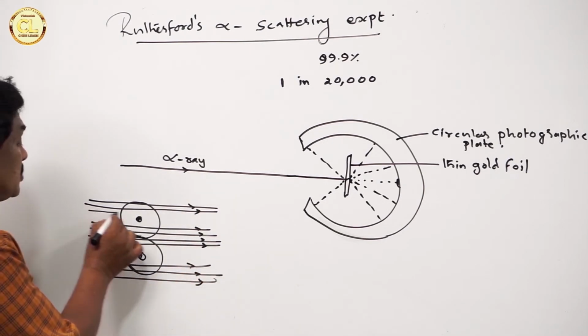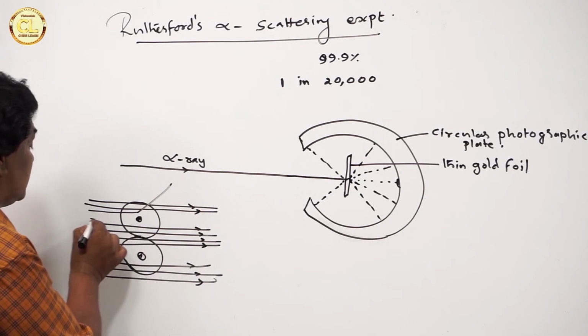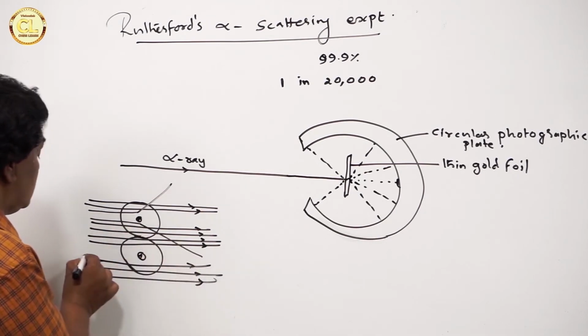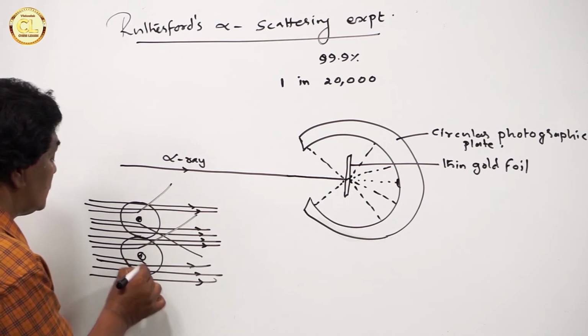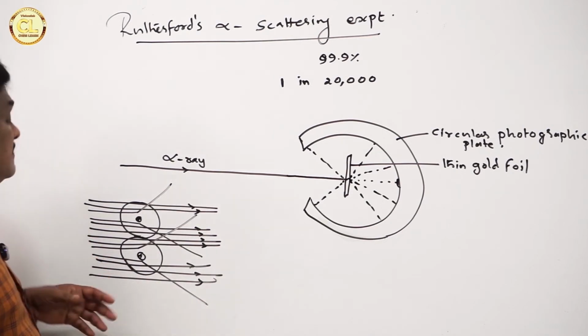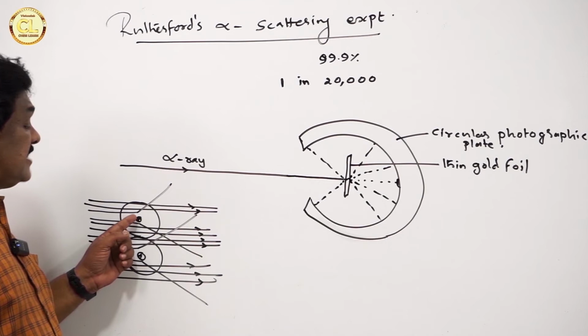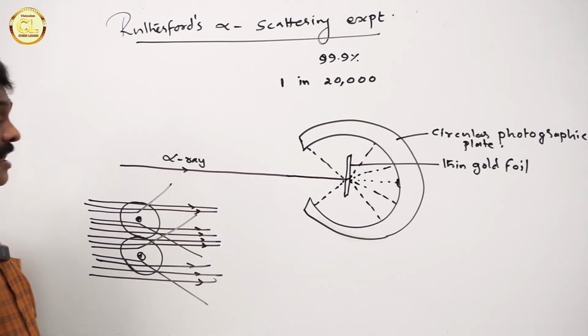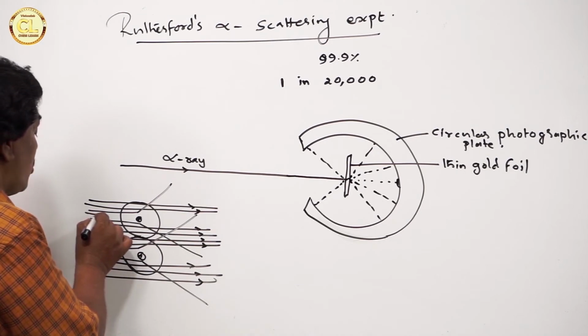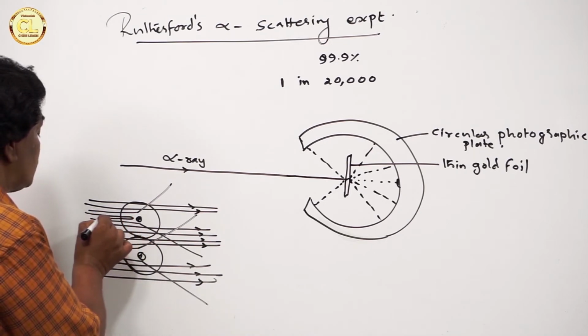Some rays are passing through the foil with some deviation. It is because alpha particles have a positive charge. So if they take deviation, sometimes there may be a positively charged center, and only a very small number of rays get totally reflected back, bounced back.